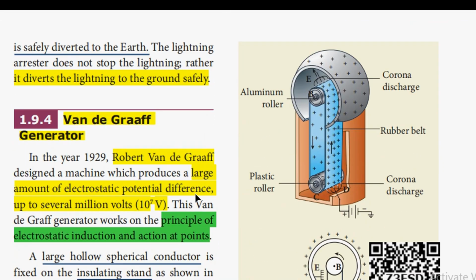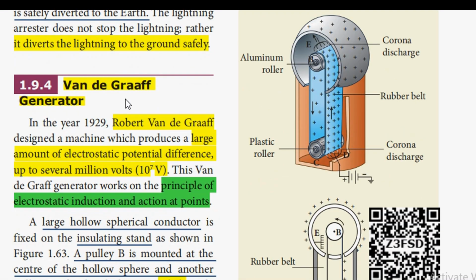And another device which uses the principle of action at points is the Van de Graaff generator. This machine was designed by Robert Van de Graaff, and it produces a large electrostatic potential difference of several million volts.